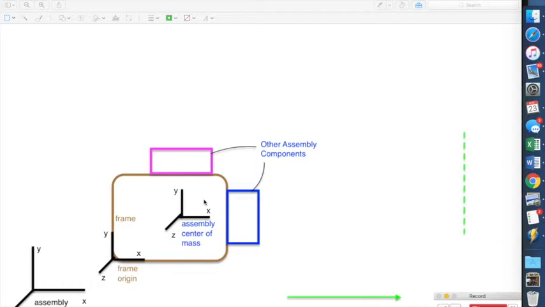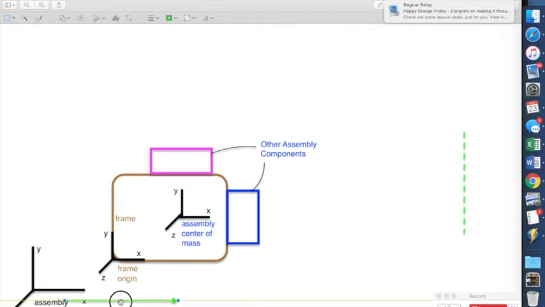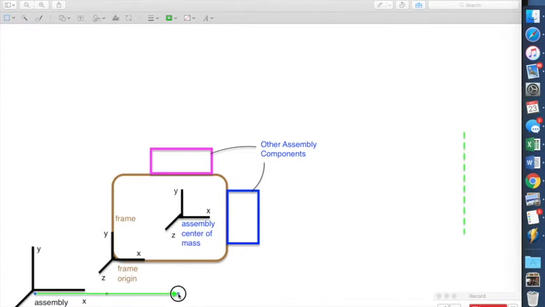And with something like the Arbor press that moves, when we move the arm up or down or position it differently, then that changes the location of the center of mass. So what we want to measure is at a given position, a given assembly state, when we move it to where we want, we should be able to measure from the assembly origin to wherever the center of mass of the assembly is.